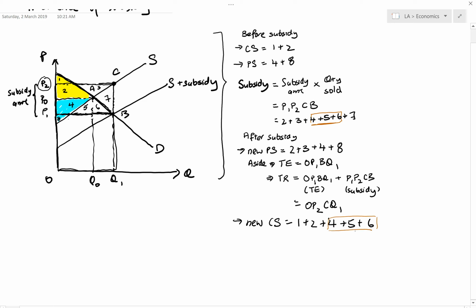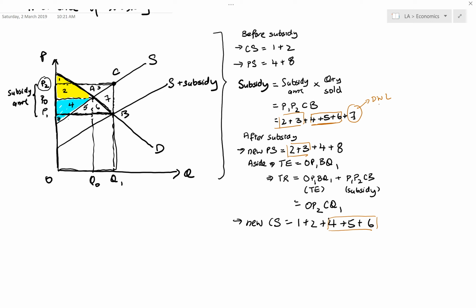Then 2 and 3 is enjoyed by the producer. Then what is 7? 7 is welfare loss, the government has to subsidize the extra amount 7.